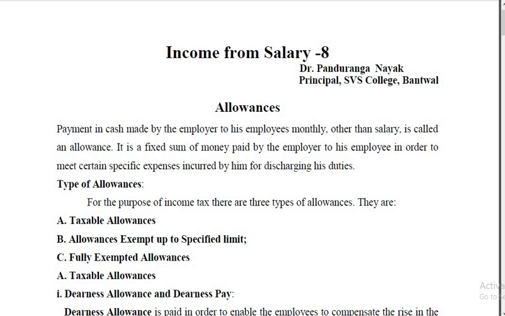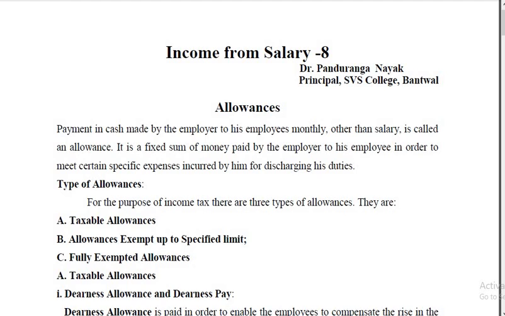For example, the scale of the employee is 10,000 dash 500 dash 12,000 dash 1,000 dash 15,000. This is the scale, or what we call salary grade.